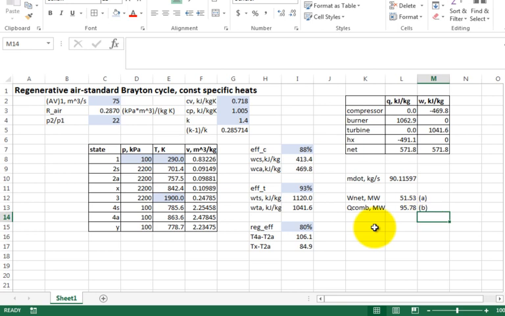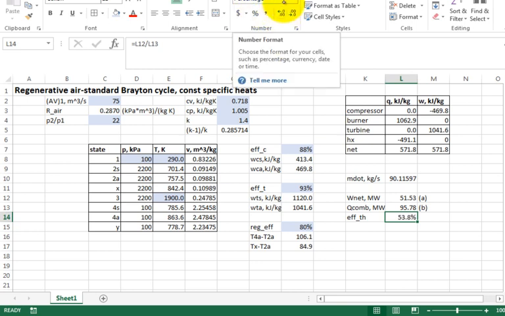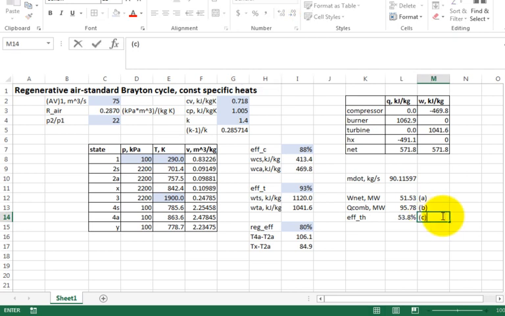Then you can calculate the thermal efficiency of the cycle. It's dimensionless, and isn't it the ratio of those two? This is what I get out over what I provide, and I want to put that as a percentage, and if I want more digits, there you go, 53.8% thermal efficiency, and I think that was asked for in part C.